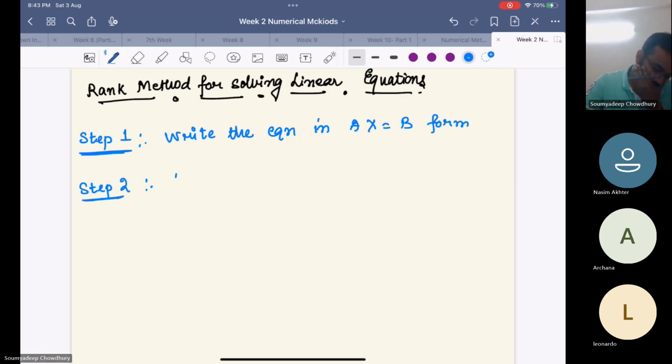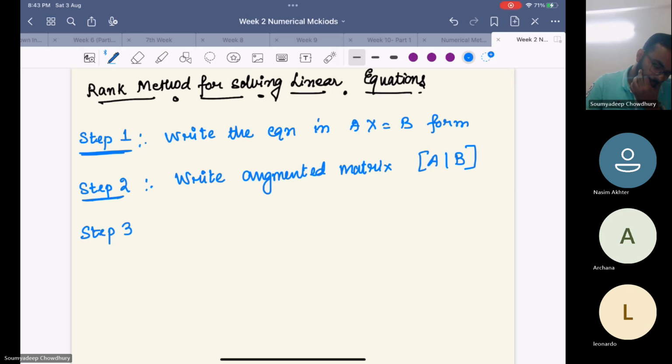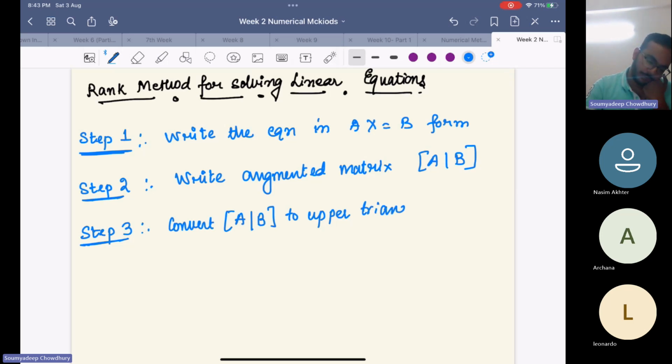Step 2 is write the augmented matrix A slash B. Third step is convert this augmented matrix to an upper triangular matrix using Gauss elimination. So Gauss elimination forms the basis of all the methods. Once you know Gauss elimination very accurately, you can do all these methods. So we convert A slash B to an upper triangular matrix.